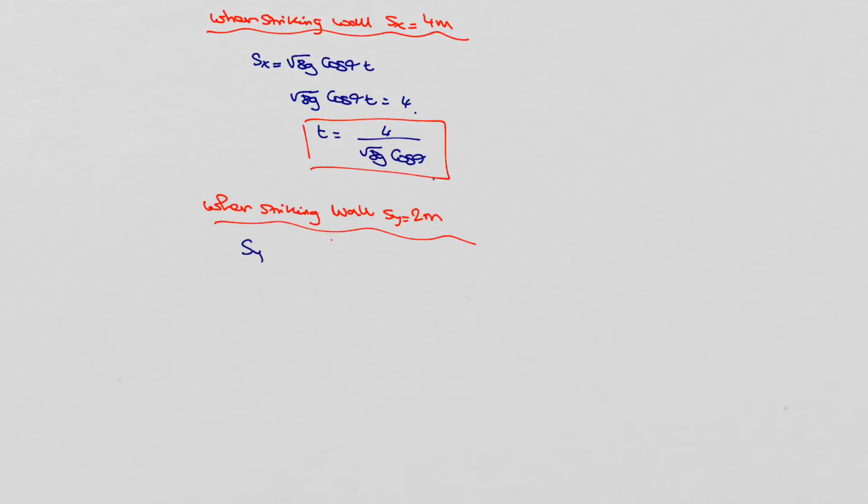So we said that sy was root 8g sine alpha t minus a half gt squared. So we're going to now let that equal 2 and sub in our time of flight.